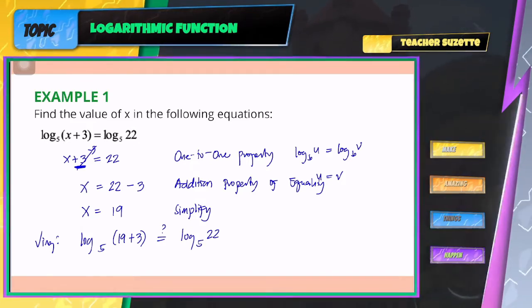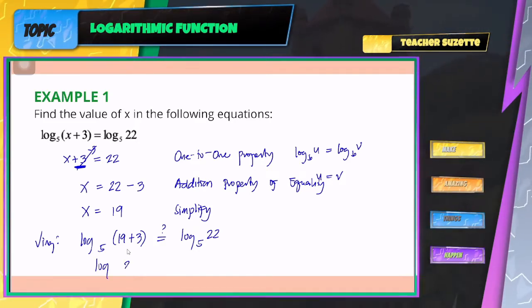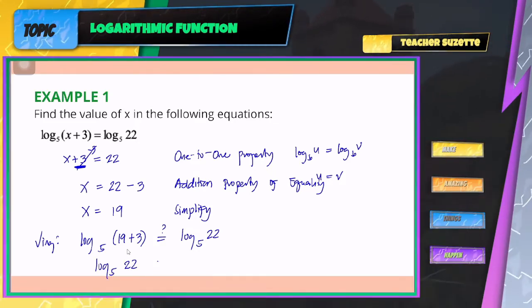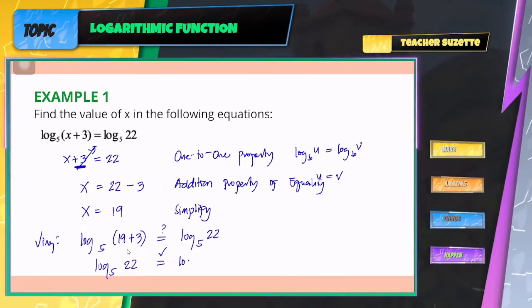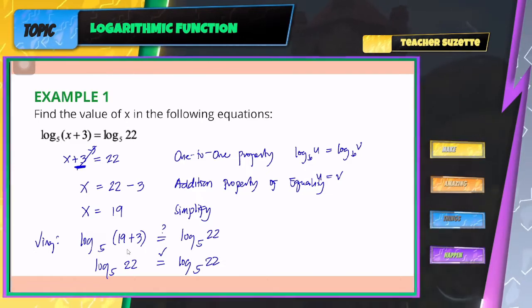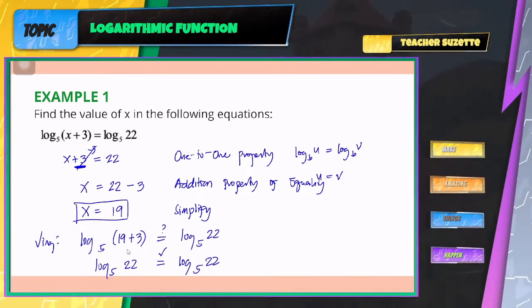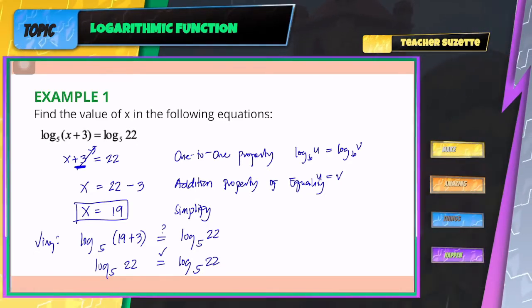So, 19 plus 3 is equal to 22, so it is equal to the logarithm of 22 base 5. Therefore, our final answer is x equal to 19 for example number 1.